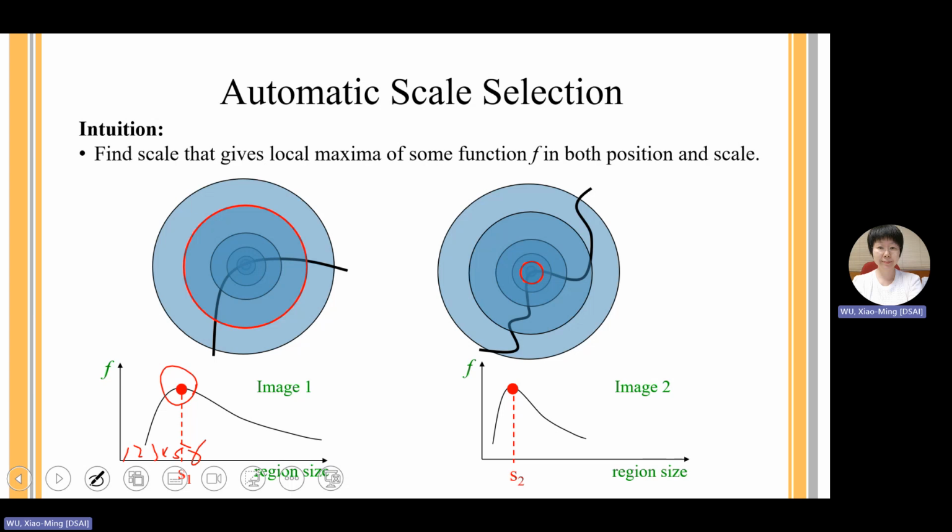And for this other image, the largest response occurs at window 2. So if we have an appropriate function f, and this function f is very nice, it can achieve maximum response with the best window size, with the most suitable window size.